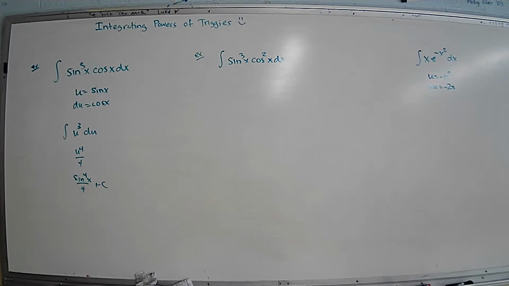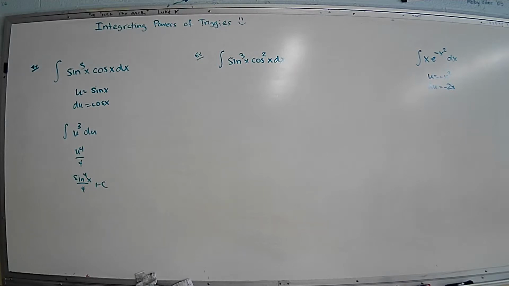So we have to get creative. Now I will be honest, getting creative, when trig is involved, more often than not means using identities. Do we know any trig identities?